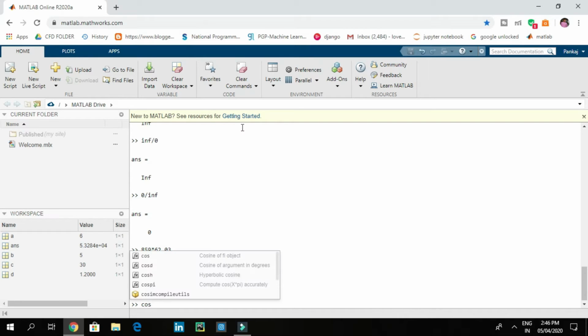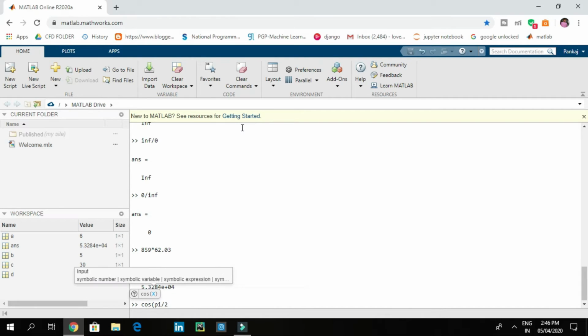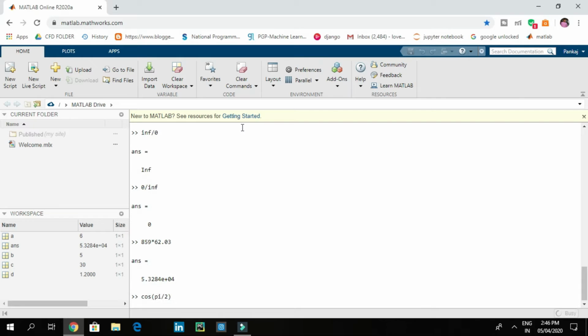So let's try cos pi by 2. So basically pi stands for 3.1416 value, means it gives value of pi.